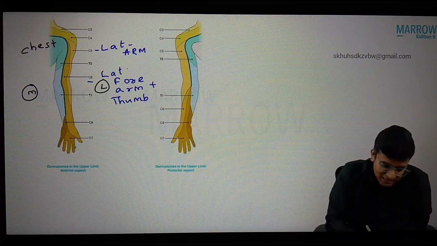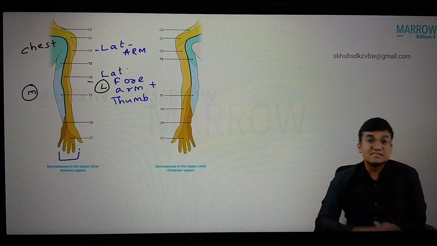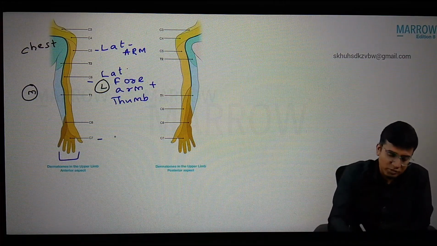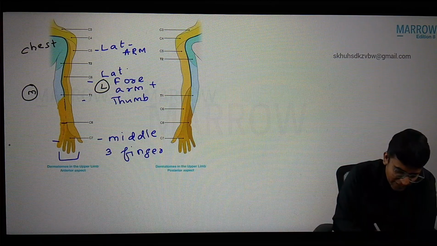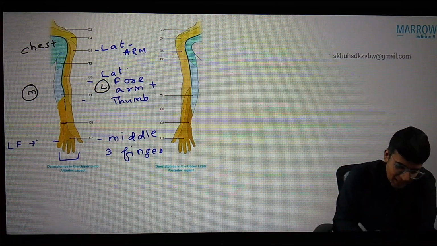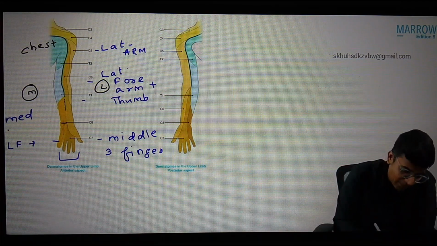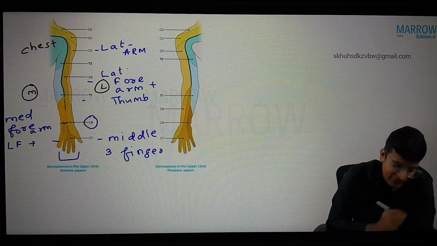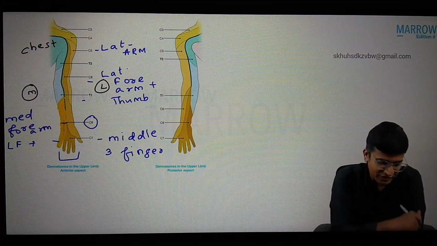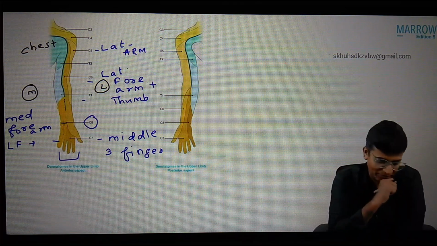Next, the middle three fingers, C7. So, C7 is the dermatome for the middle three fingers. Next, the little finger plus the medial side of the forearm, C8 fiber carries the fibers from the little finger and the medial side of the forearm.